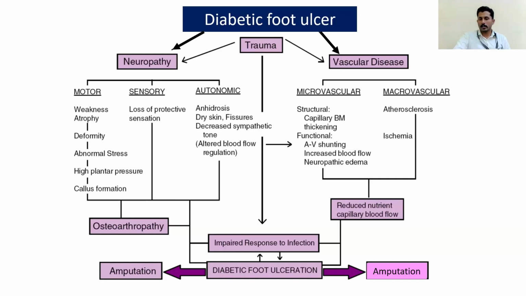Then, underlying vascular disease can be microvascular and macrovascular. Usually macrovascular disease affects the major blood vessels, including the subclavian, arch of aorta, aortic branches, external iliac, femoral, and distal vessels also can be affected. This will cause non-healing ulcers, especially in diabetic patients.